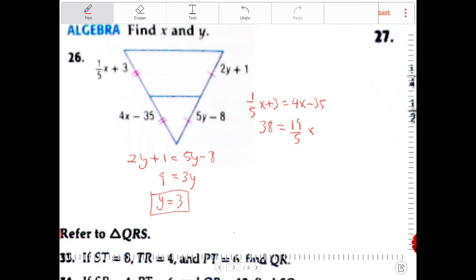Multiply both sides by 5/19. x will equal 10? Did I get that right? Yes, because 38 times 5 is 190, and then divide by 19, x will equal 10.